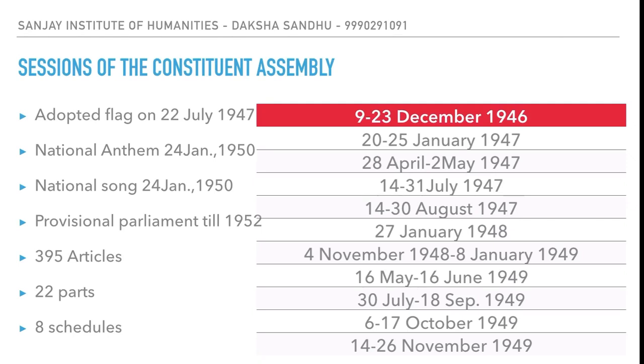Whenever a question is asked in any competitive examination about how many articles there are in the constitution, you have to answer 395. Yes, you heard it right.